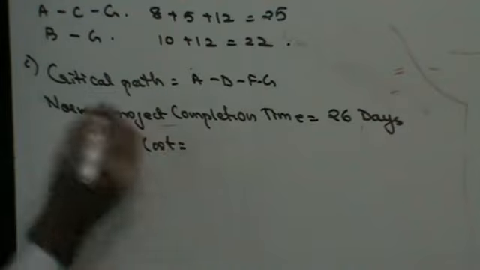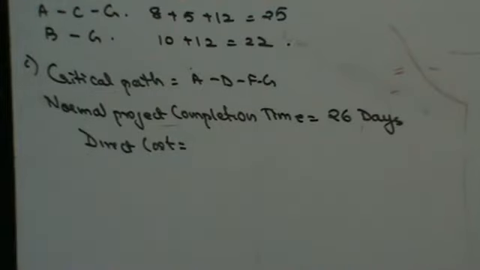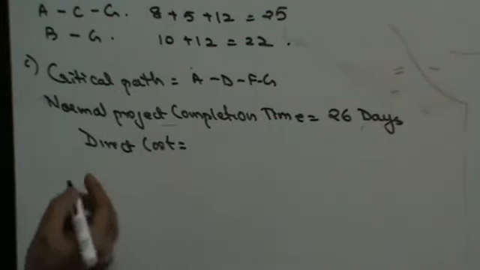How do I find out direct cost? Very simple, guys. Whatever is my normal cost, they have given you normal cost in the sum. If I add all the normal cost, what I get is called direct cost.